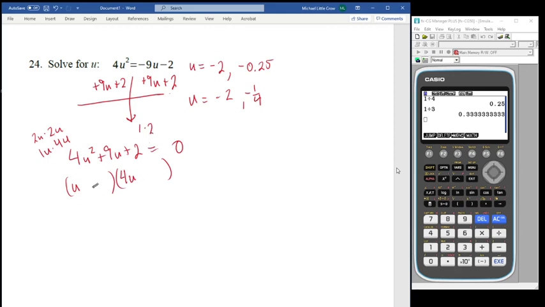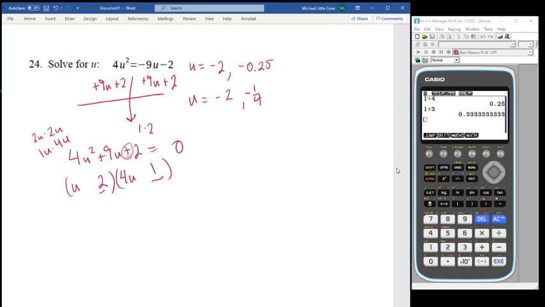So do I put the 2 here, or do I put it here? Well, I look in the middle. I'm going to get a 9. To get a 9, and I'm adding, right? That's what this plus means. See, 2 times 4 is 8, plus 1 would give me the 9. 4 times 1 is 4 plus 2 would give me 6. So I need to put the 2 here and the 1 here.